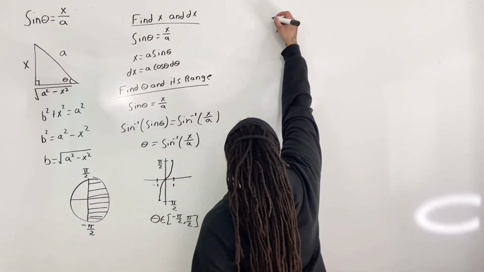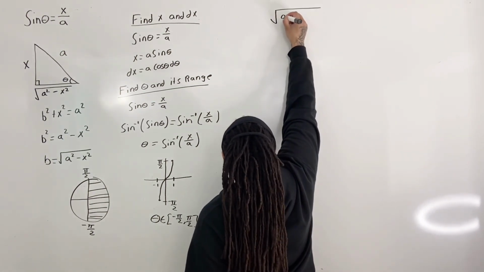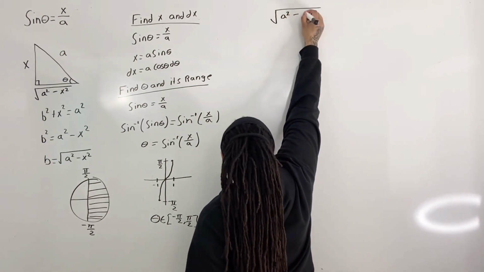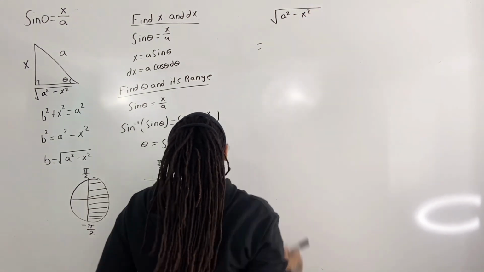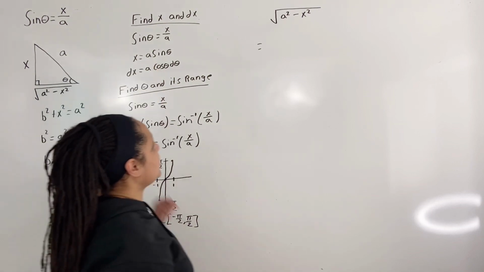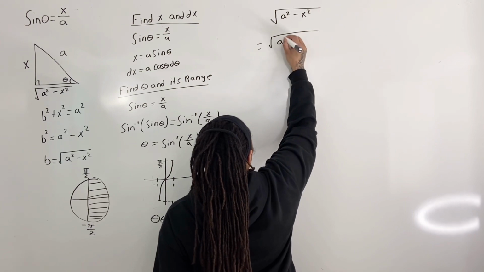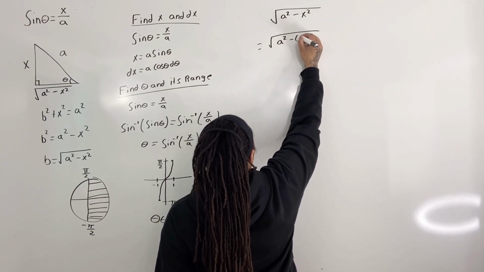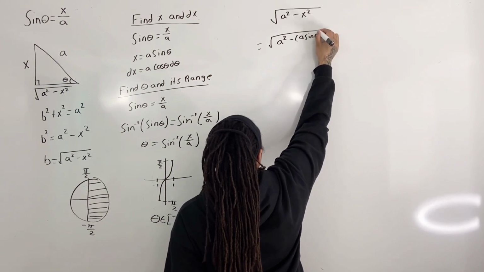So we have the square root of a squared minus x squared, and that's equal to, here's the value for x. X is equal to a sine theta. So I'm going to replace x with a sine theta. So this will be a sine theta squared.